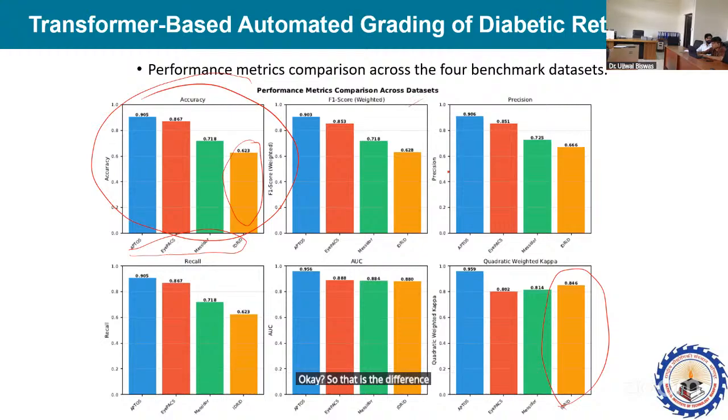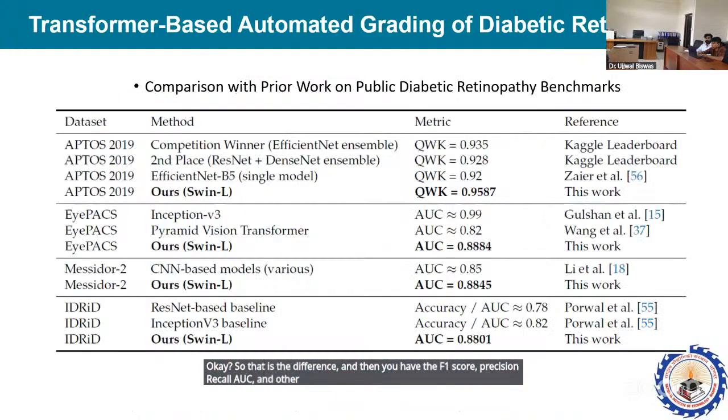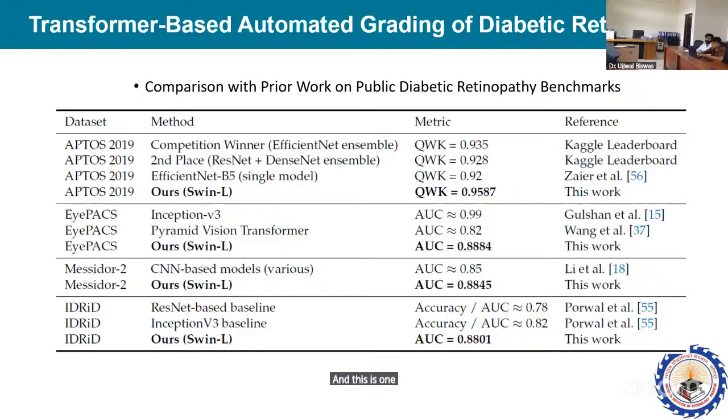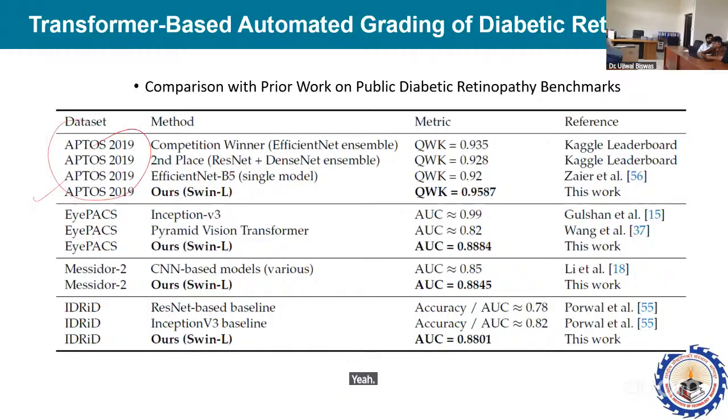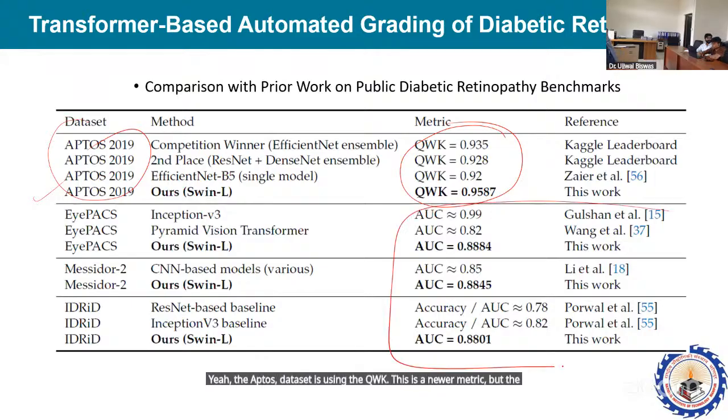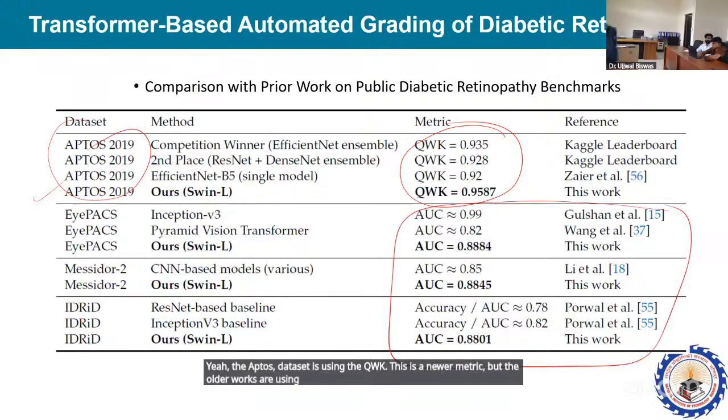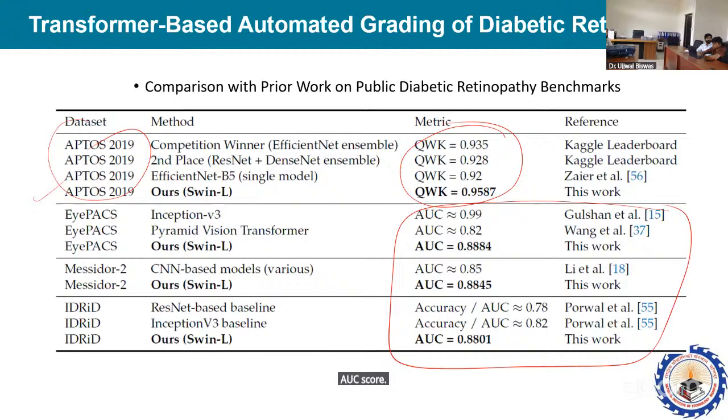And then you have the F1 score, precision, recall, AUC, and other things as well. This is one of the results that we have produced for the journal paper that we have submitted for publication. And then the Aptos data set is using the QWK. This is a newer metric, but the older works are using AUC score for accuracy.